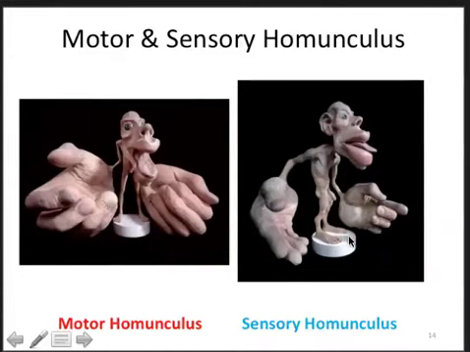And that represents the differential distribution of sensory receptors in these parts of the body and the disproportionate amount of surface area of the brain that's dedicated to input coming from those parts of the body as well.